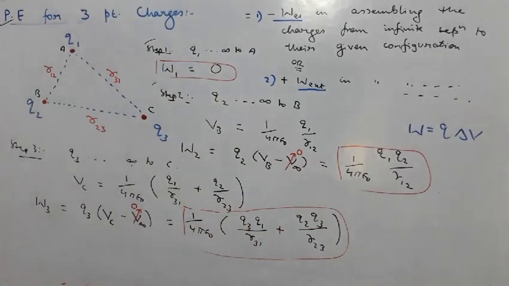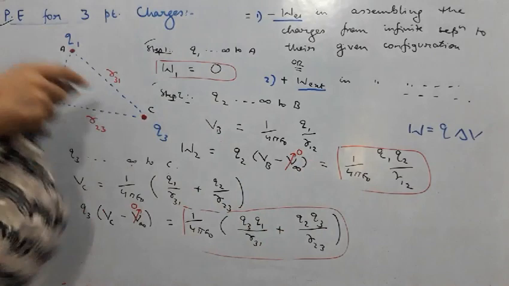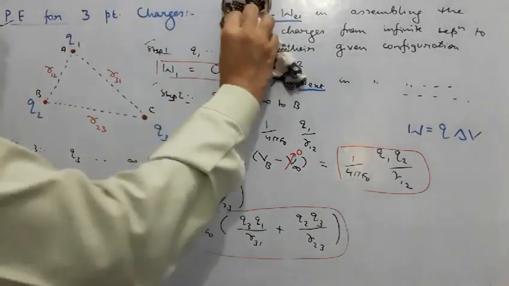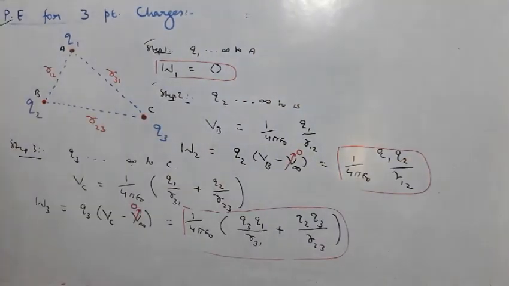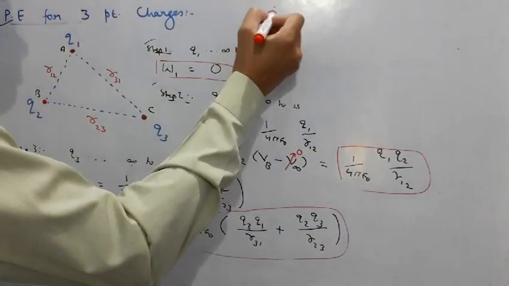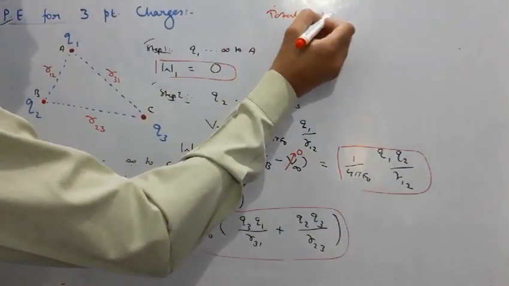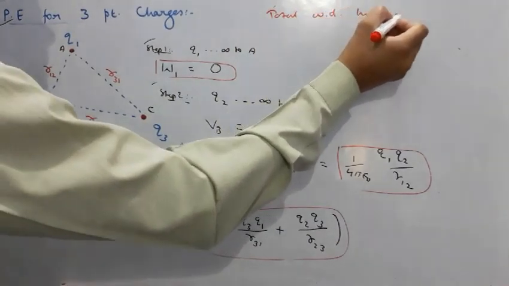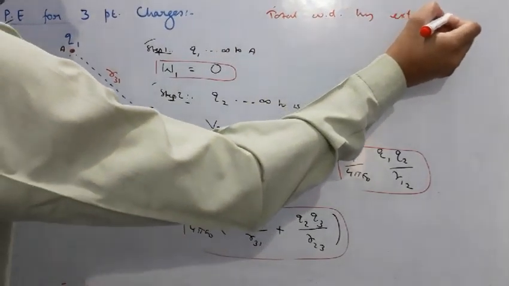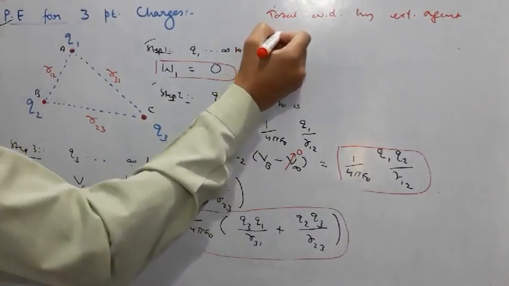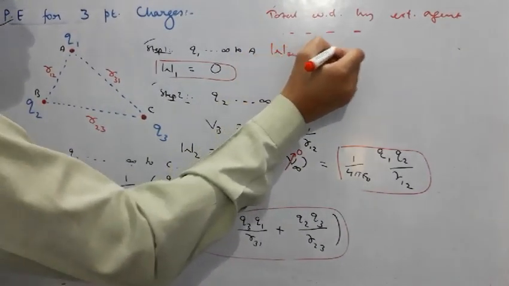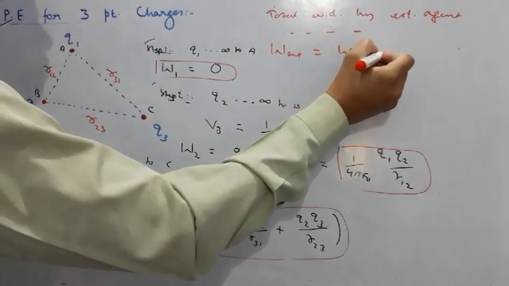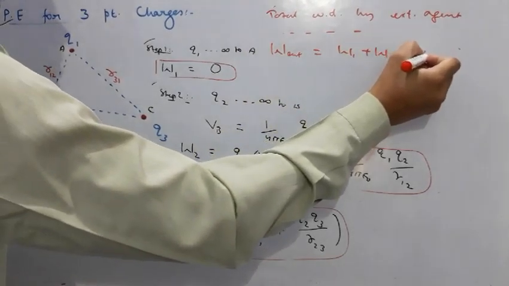You can guess what should be our next step. Our next step is to find, so we have assembled the charges, now we need to find the total work done. So the total work done by the external agent in assembling the charges is given as W external is equal to W1 plus W2 plus W3.